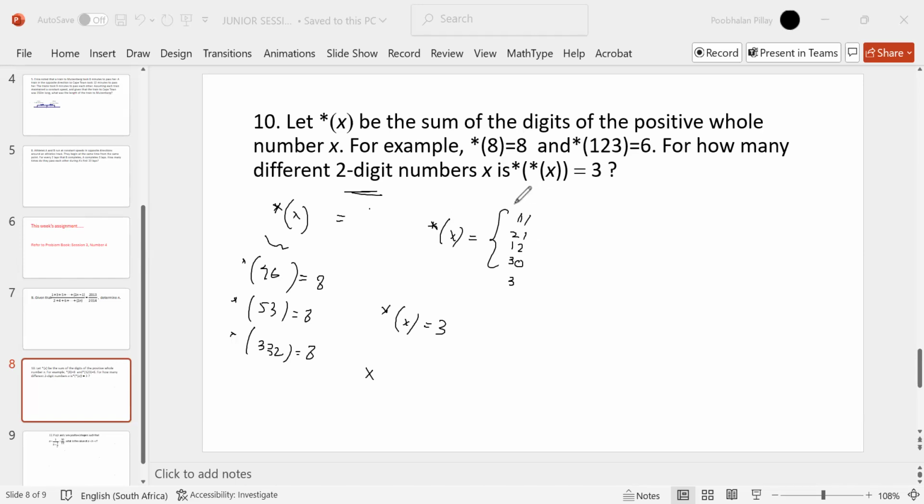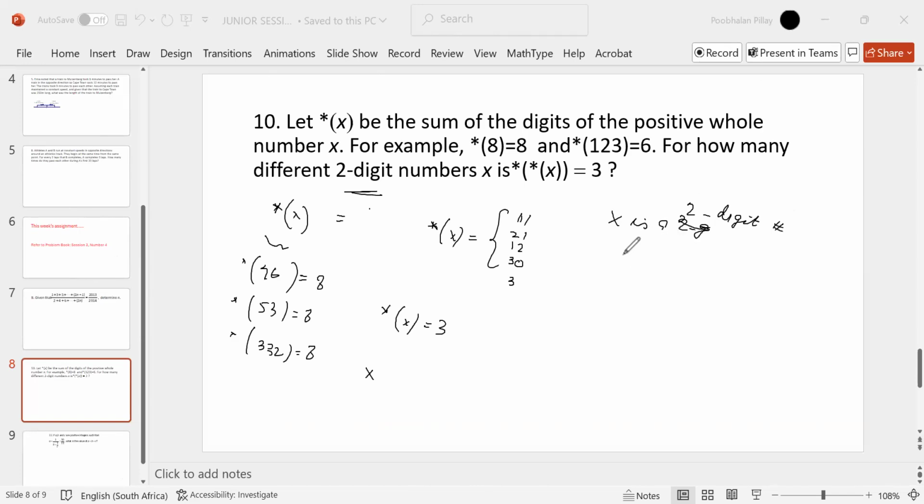Okay, so now the question is, how many 2-digit numbers? We are solving for x now. x is a 2-digit number.